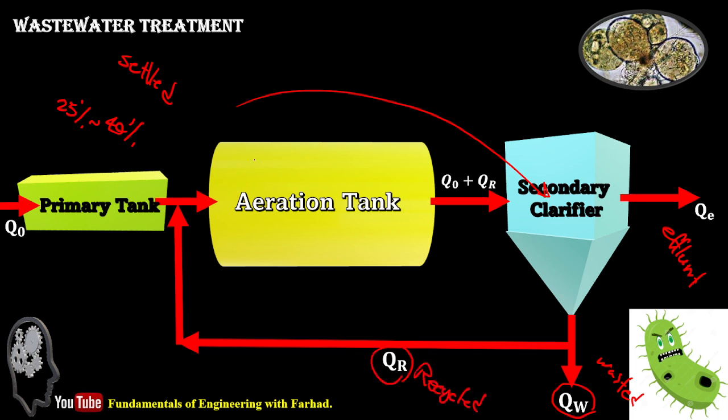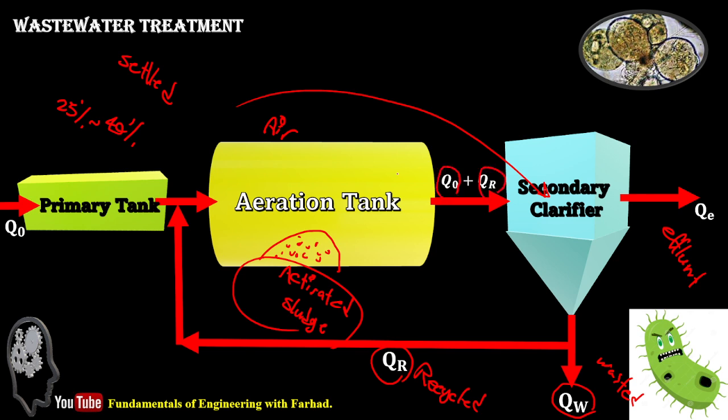We put air into the sludge, and this is the domain of the activated sludge zone. So we keep them in an active process and recycle it, with the amount of initial flow plus recycle, then move to secondary to increase the efficiency of the system.